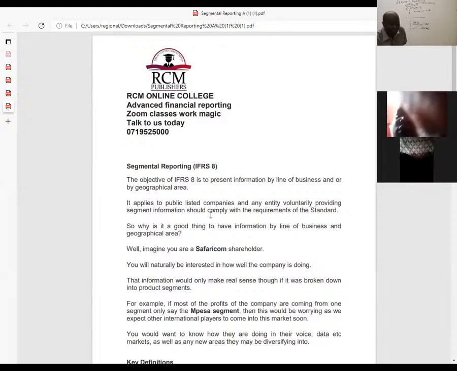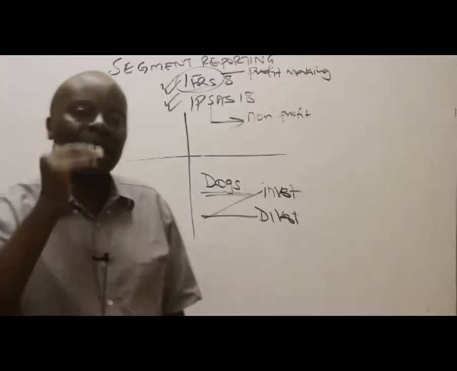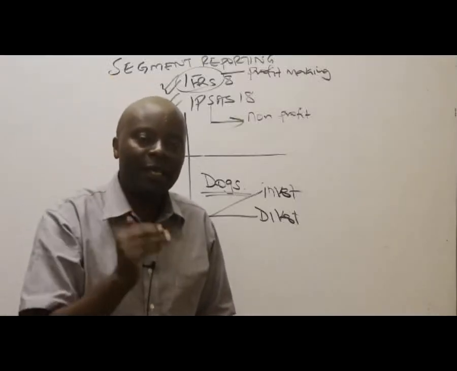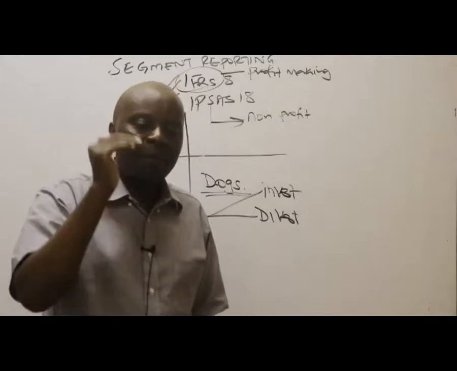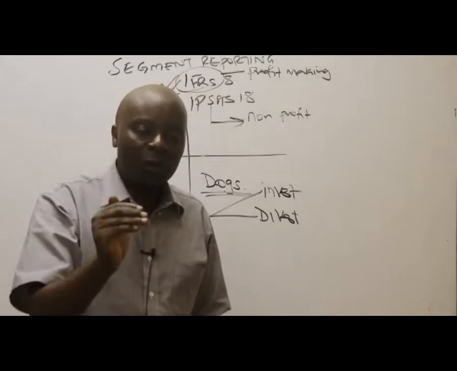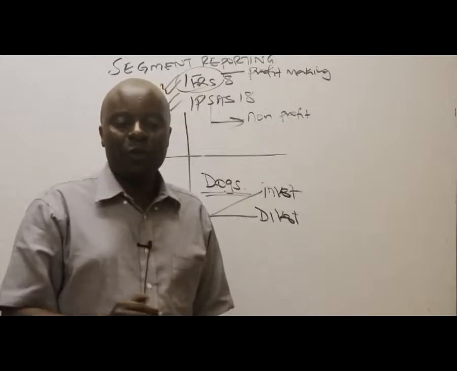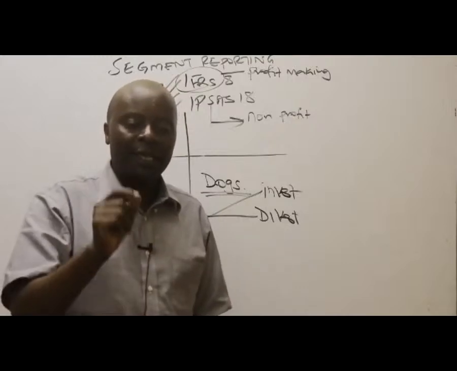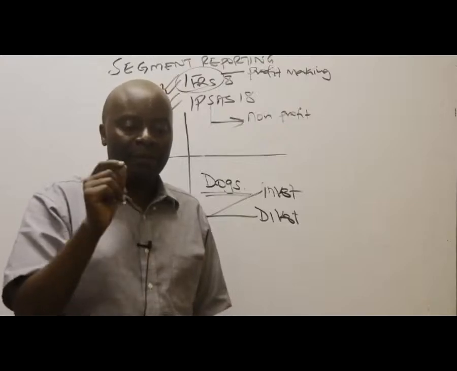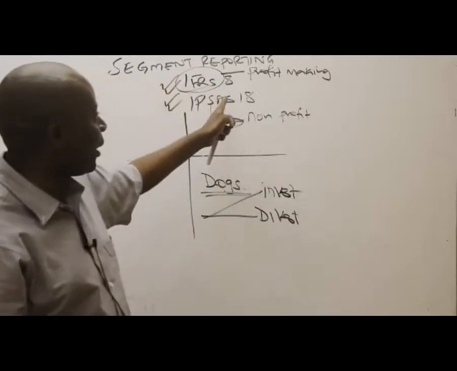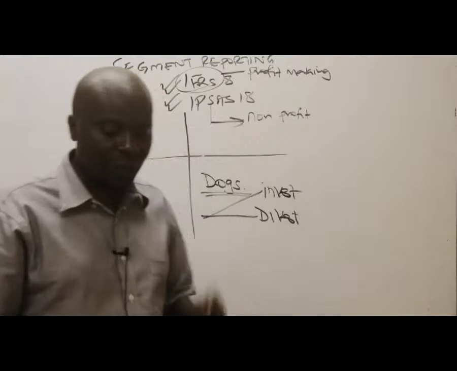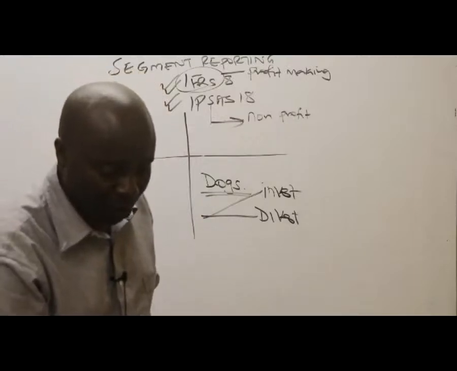So any company that is listed at the stock exchange must present published accounts in the context of segments. Very important for us to appreciate this from the word go, ladies and gentlemen.